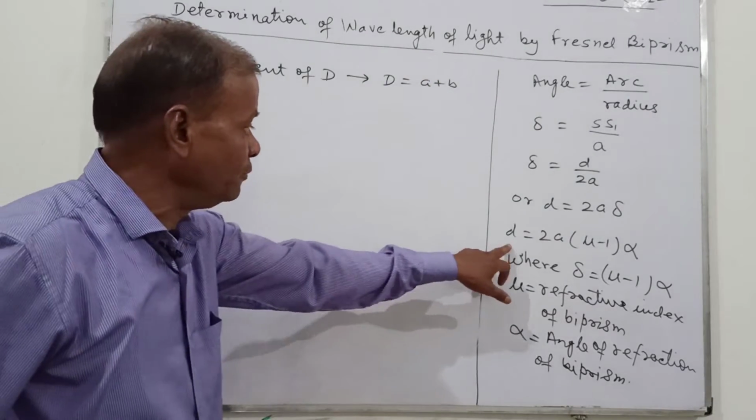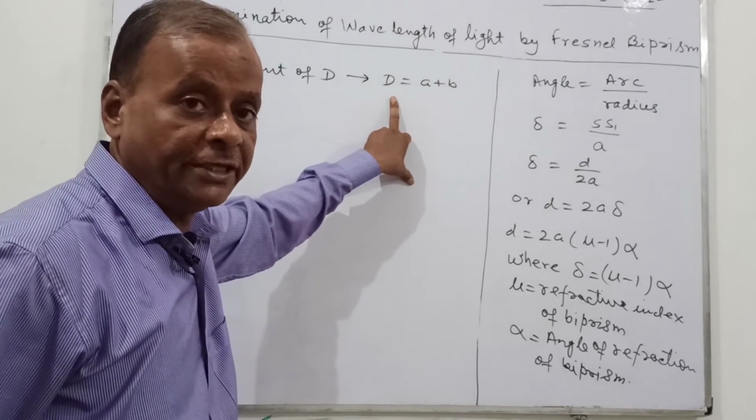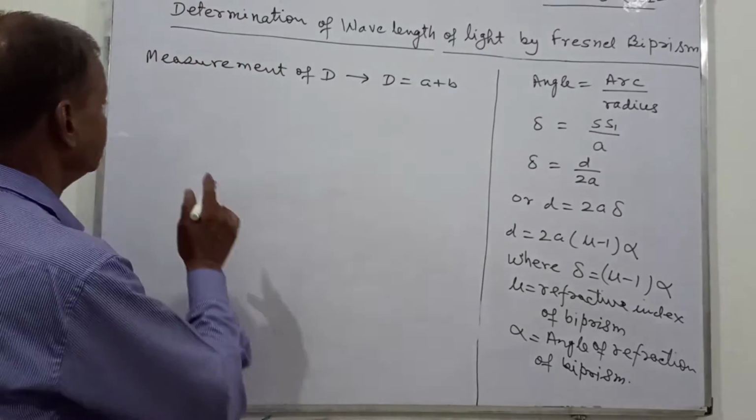So now we know the value of d and we know the value of capital D. Now we put these values in equation 1.